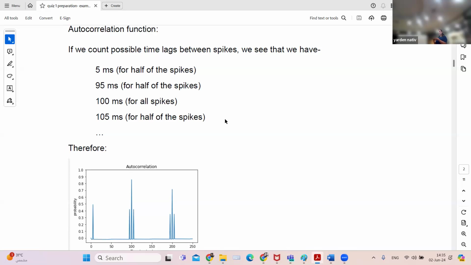And this is something that Moshe Abeles, who will also come this Tuesday to the neurophysiology seminar, so please come, is a great theoretician in neuroscience, and he proved a few times the Sim-Fire chain rule, that in many cases the brain works by the correlations and not by the firing rates themselves.